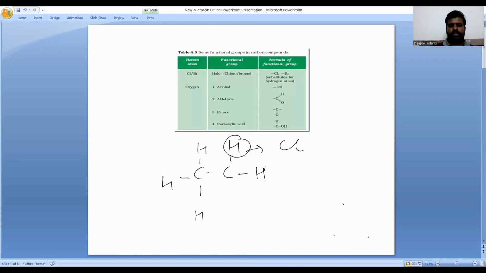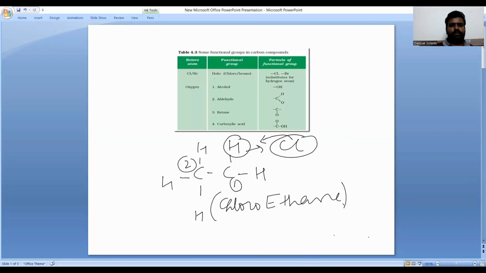If the functional group Cl is not there, one carbon is there and the second one is this, then it will be ethane. But if the chloro group is added, then the name will be chloroethane. You can substitute chloro, fluoro, bromo, iodo in the position of Cl. So you can understand easily now.